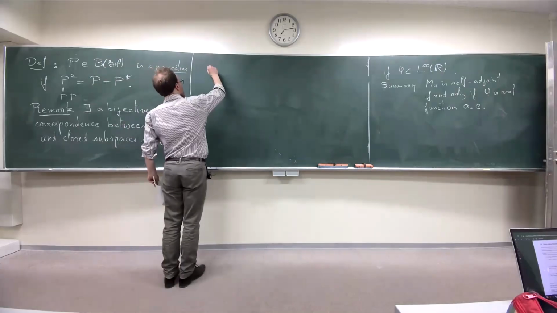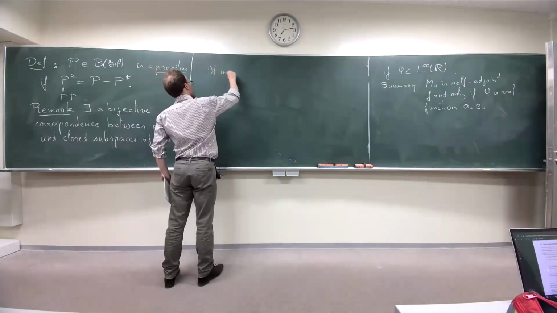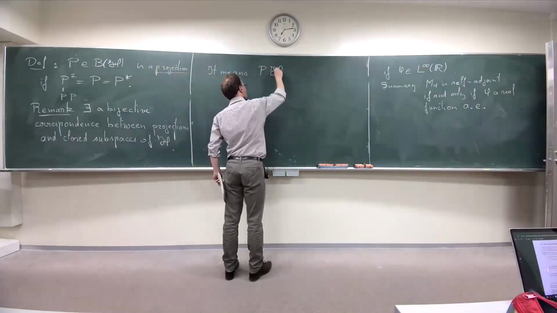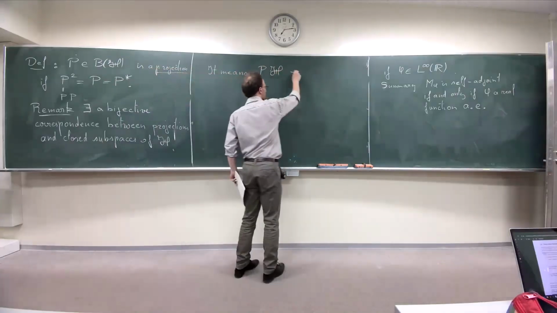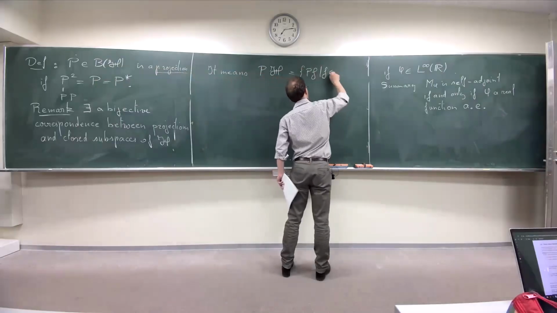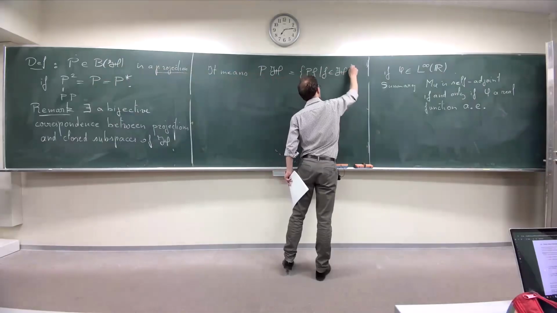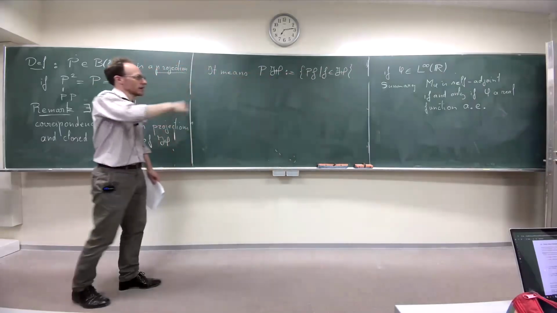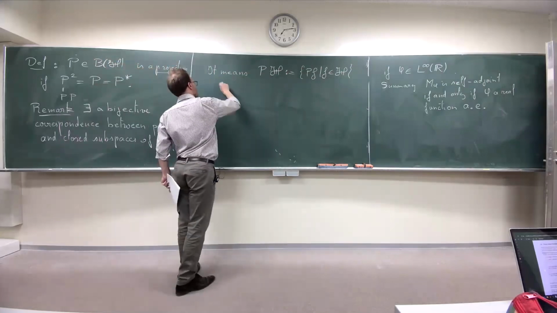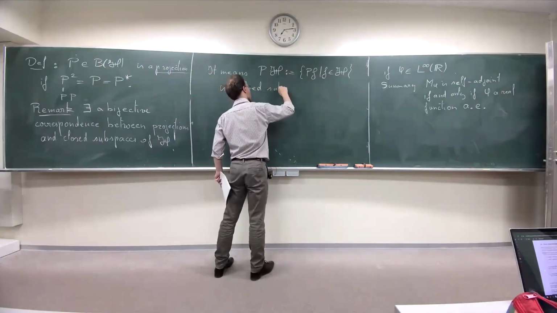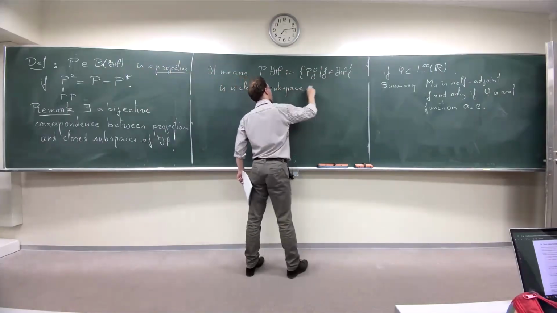It means P applied to H, which is, this notation is a set of PF for any F in H. You can think of this as a definition. I just take everything, is a closed subspace of H.